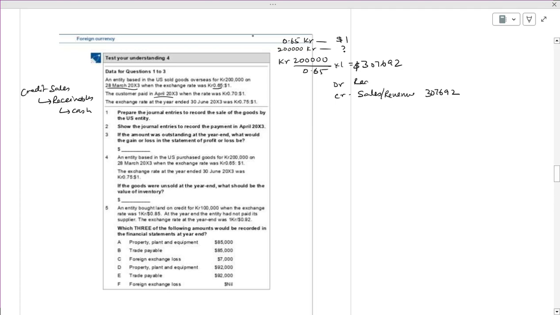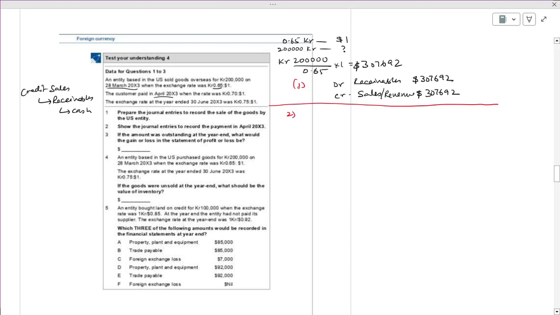Debit will be receivables, in dollars. The currency symbol is very, very important. This is the answer to 1.